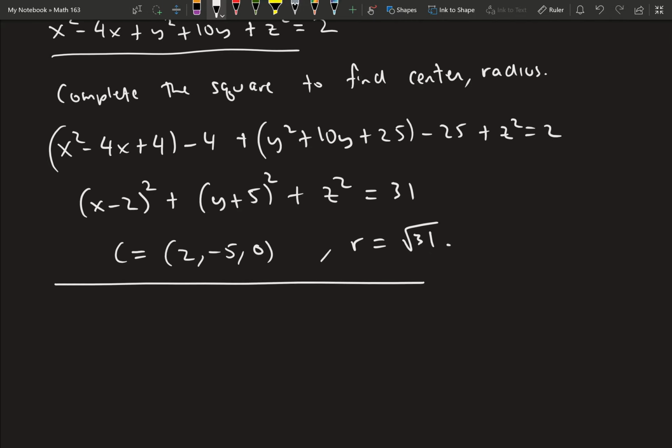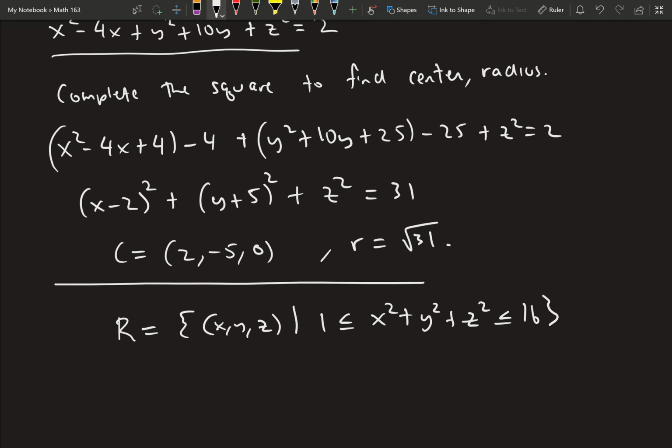The other problem I left off with was defining this region with x squared plus y squared plus z squared between 1 and 16. So what is this? Well, we essentially have two defining boundary equations.